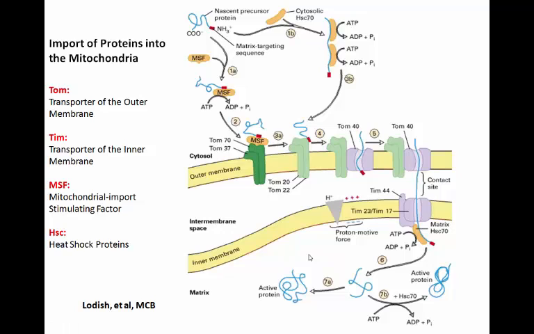Its DNA, its RNA, its protein synthesis only makes about 10 or so proteins, and all the rest of the proteins get into the mitochondria through this particular mechanism, and they're targeted to the mitochondria through this matrix targeting sequence. So this is a lot like the signal peptide that targets a protein for the endoplasmic reticulum. This sequence targets the protein for the mitochondria.